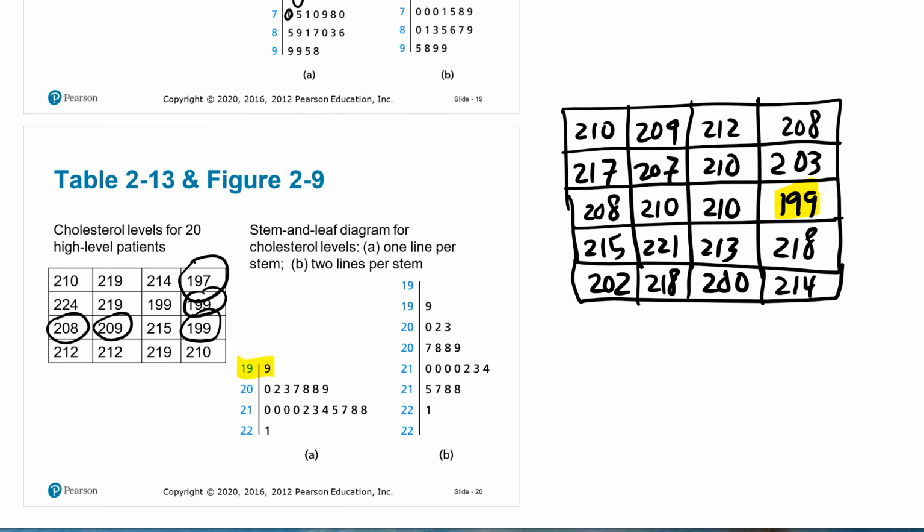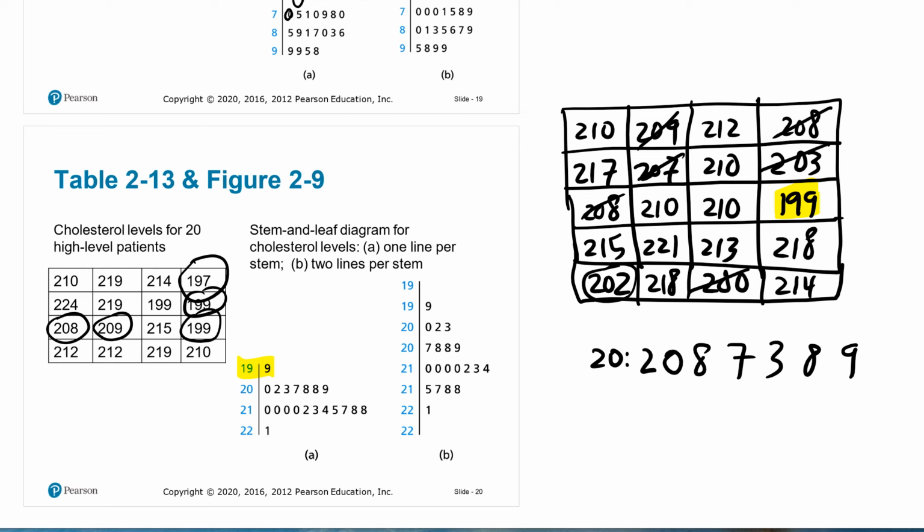Now when we start with the 200s, there's 201, 202 first, so 200, there's a 0, 208, there's an 8, 207, and so on and so forth. So there's a 3, there's an 8, another 8, there's a 9. So these are in the 20s.